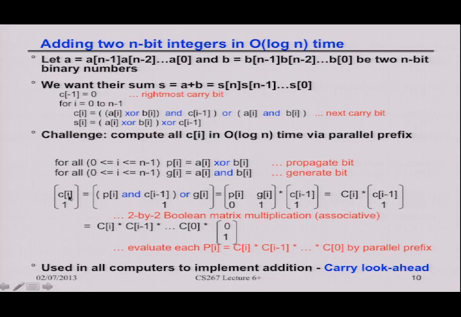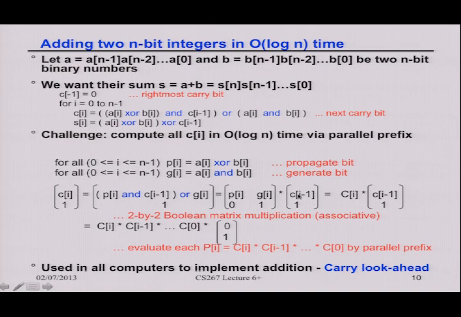And so how do I get to C_i? I take P_i AND C_{i-1}, I'm just copying this line of algebra down here, OR G_i. And then I'll just do this trick by having a 1 bit at the bottom. So then I recognize that this is really just a 2x2 matrix multiply. And what do I mean by matrix multiply? Multiply is AND and addition is OR.